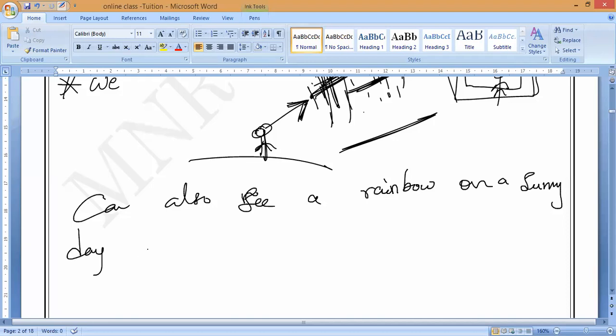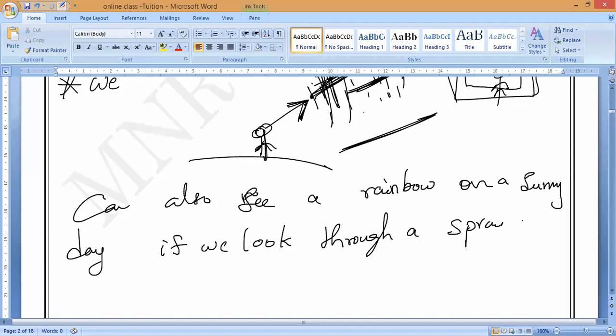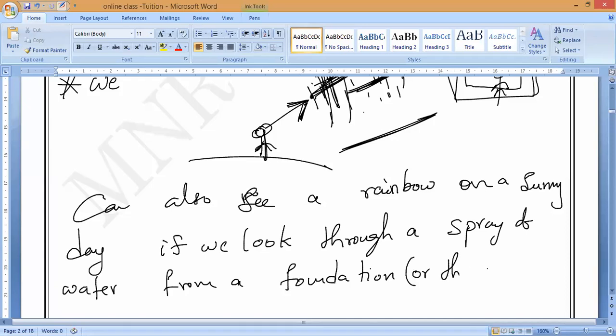On a sunny day, if we look through a spray of water from a water fountain, or through a waterfall.